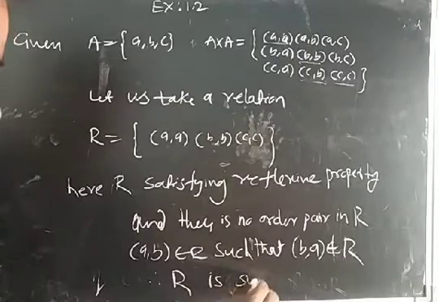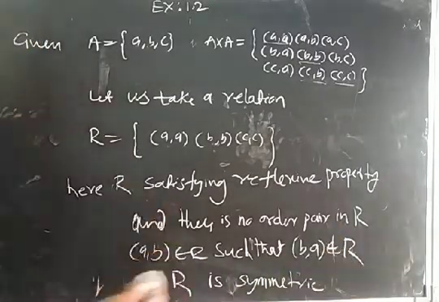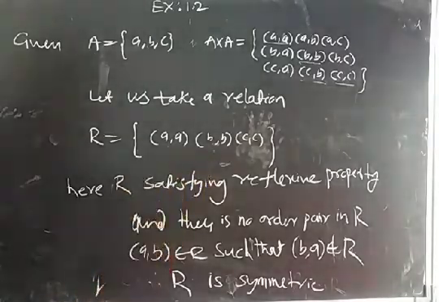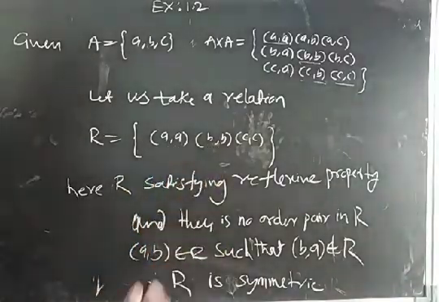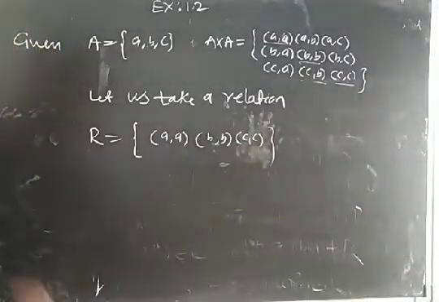R is reflexive, symmetric, and transitive also holds. Why? Because such types of ordered pairs do not exist in R, so it is also transitive.